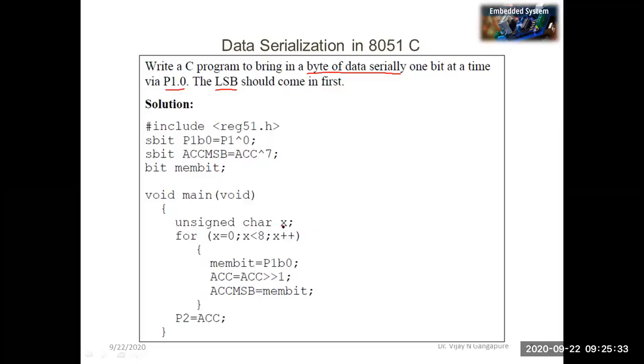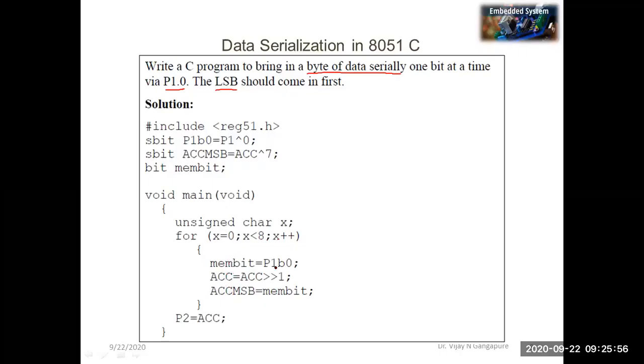Unsigned char x. I am declaring x as unsigned char type of variable which I am using in this for loop. So this is for loop, for x is equal to 0, same for loop which will repeat for 8 number of times. For x is equal to 0, x is less than 8, x plus plus. So what statements are there in this loop?